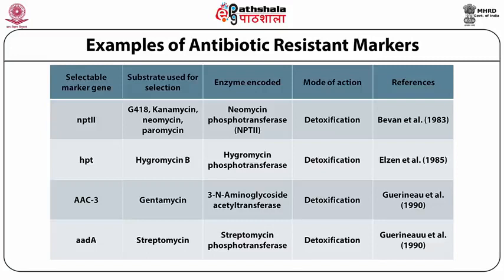Another gene very commonly used is HPT, which produces hygromycin phosphotransferase. This enzyme detoxifies the antibiotic hygromycin, which is used in the selection medium.